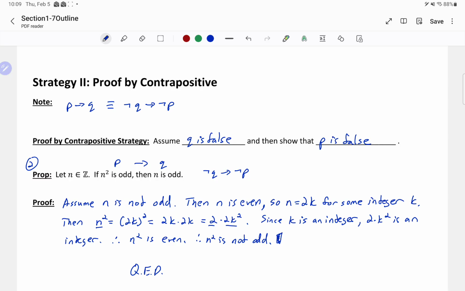What we just showed is that if the conclusion is false, then the premise had to have been false. So if the premise is true, the conclusion can't possibly be false, because if the conclusion were false, then the premise would have to be false also.